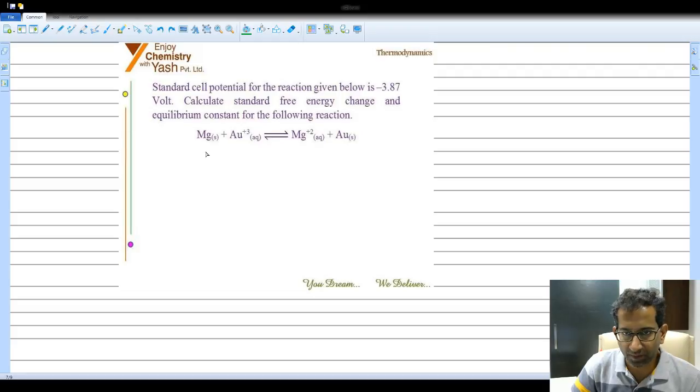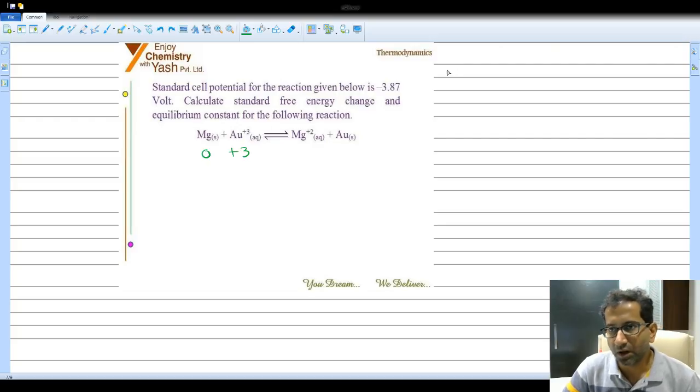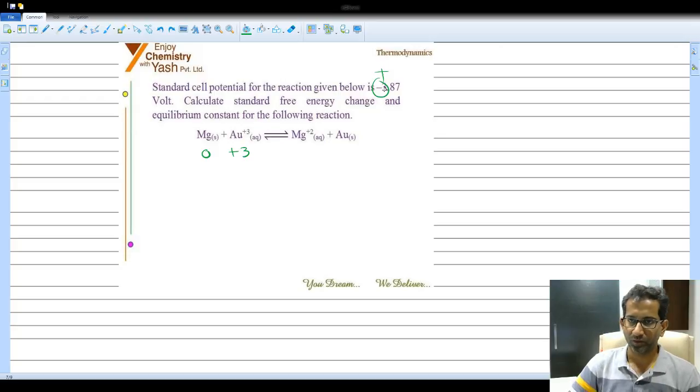Now you can see in this Mg is 0, Au is plus 3. I think we need to correct this, it should be positive 3.87.